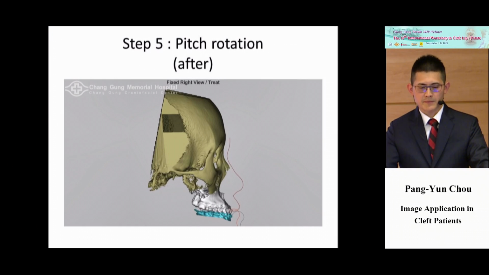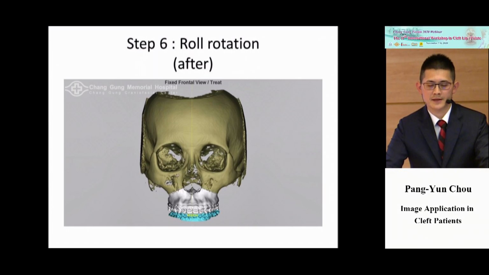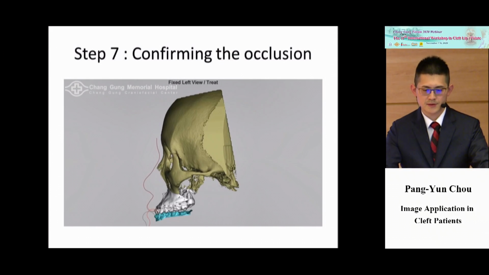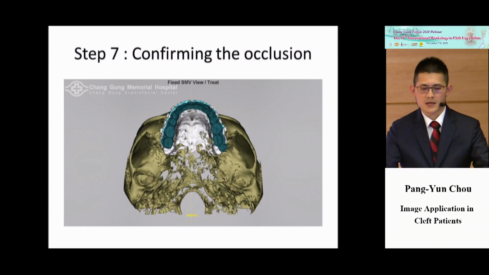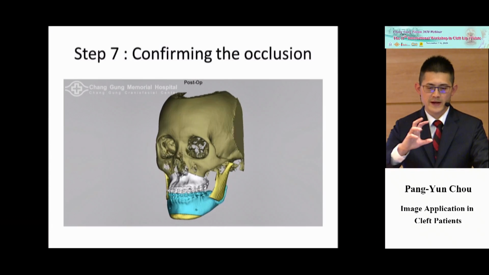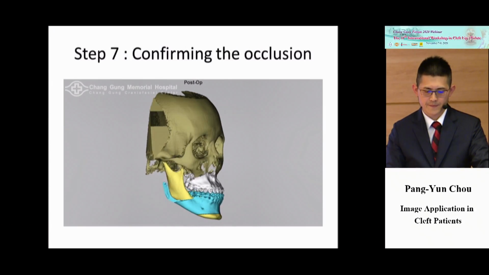And we do a little bit of clockwise pitch rotation to have a better occlusal plane and to match a good A point and B point relationship, and finally to confirm the occlusion. Okay, so all this information reflects good practice; the image is a good helper and useful.